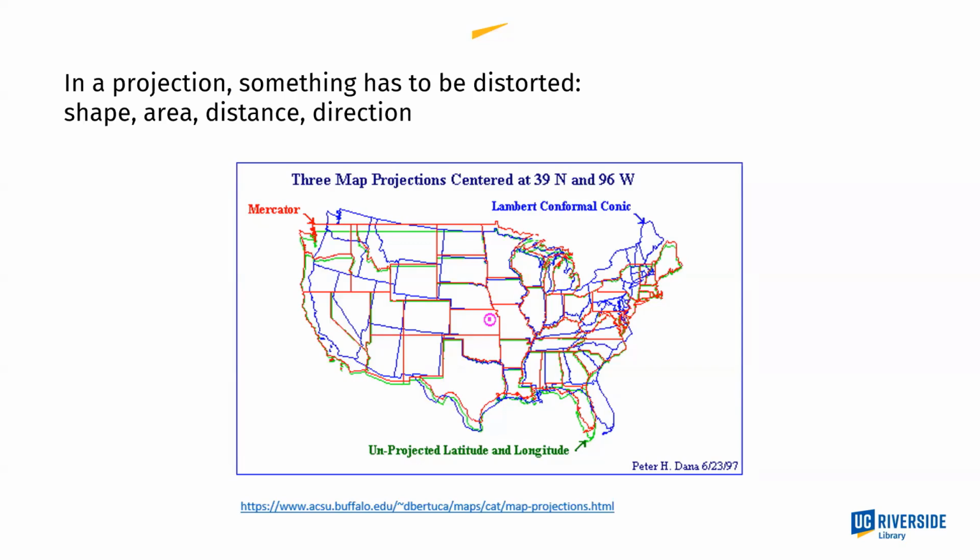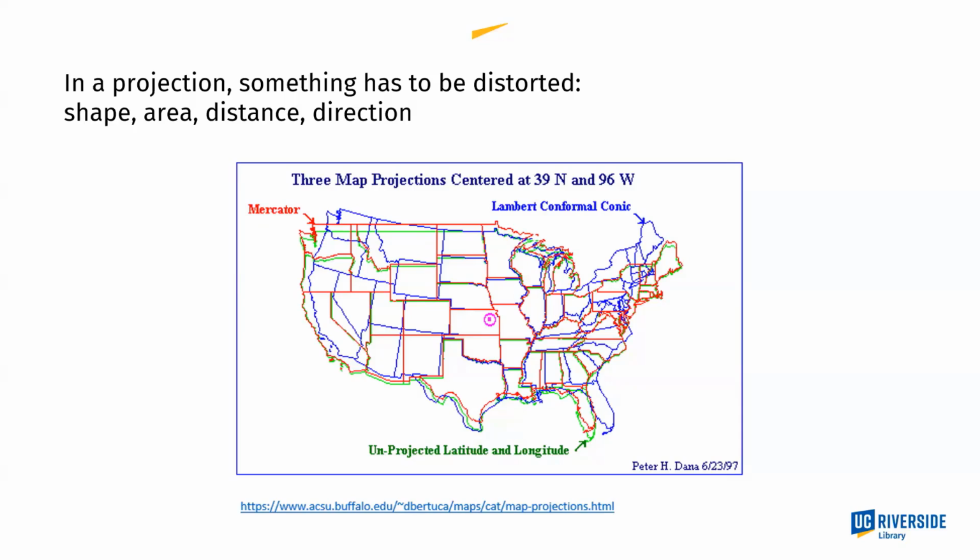And this illustration, again, it's a very old one, but it really gets the point across. When you superimpose three maps of the continental United States from three different types of projection, you get quite a variation, especially out on the fringes.